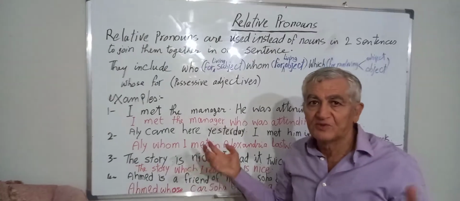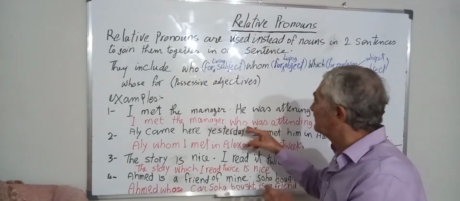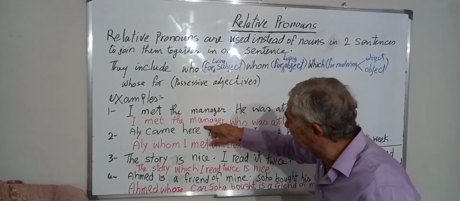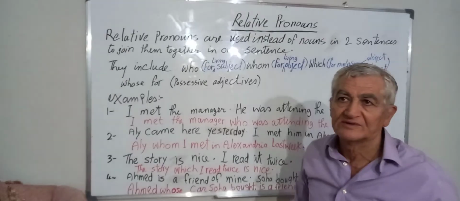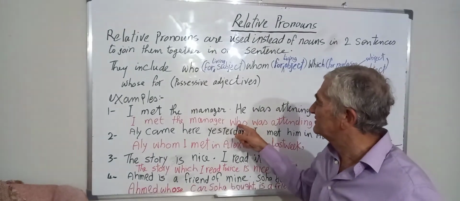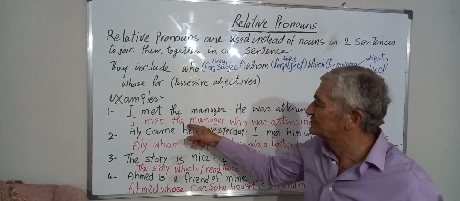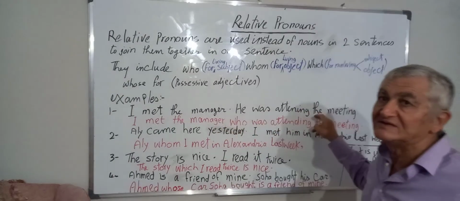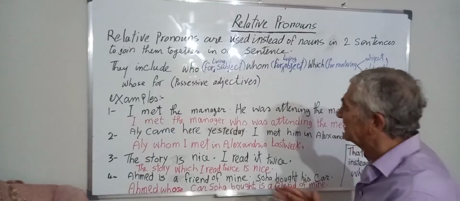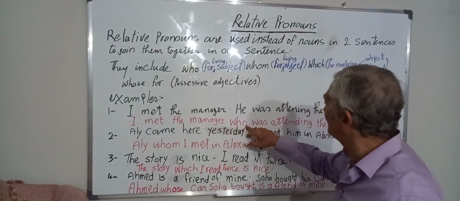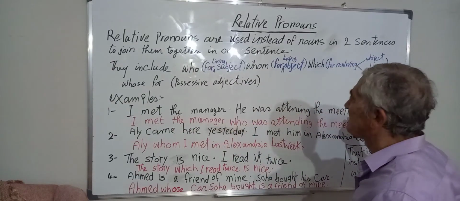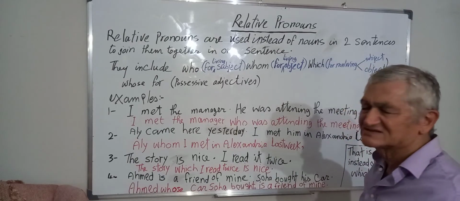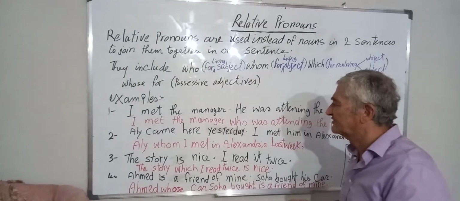Where do we put who? We put it immediately after the original noun, which it refers to. The manager who, and complete the second sentence. I met the manager who was attending the meeting. It's that easy. It's not difficult.